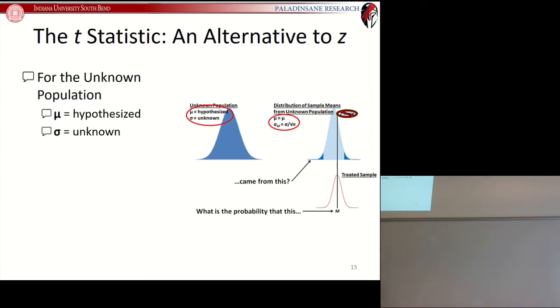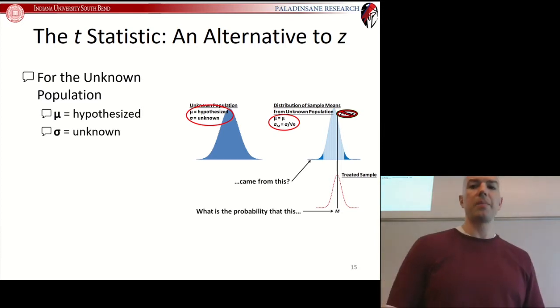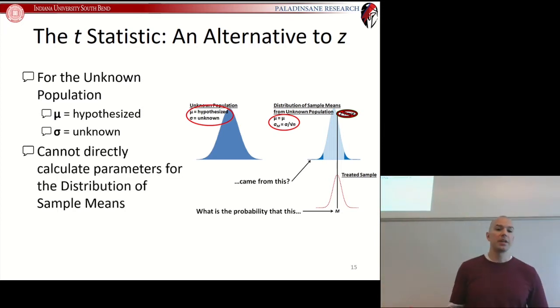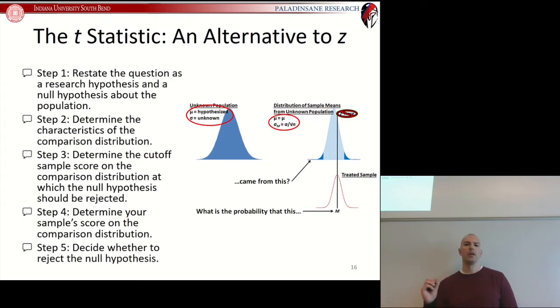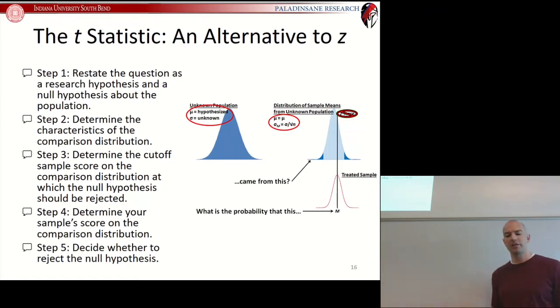We have no idea how spread out this population is, so we cannot calculate those parameters for the distribution of sample means. We can't use that central limit theorem to figure out what the standard deviation is of our distribution of sample means. So because of that, as I mentioned, we need to change a little bit, and we need to introduce the T statistic, which is an alternative to the Z statistic.